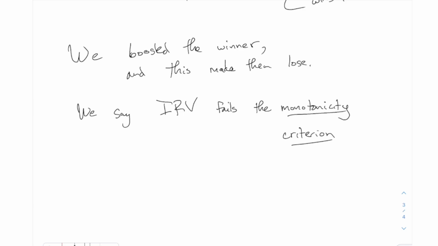In mathematics, we use the word monotone to mean things which don't change directions. They go the same direction. And the idea is, if you boost up one of your votes, that should only make it better for them, right? That's going the same direction. Whereas in the instant runoff, it doesn't happen. Sometimes you can boost somebody up, and it actually makes the election go worse for them.